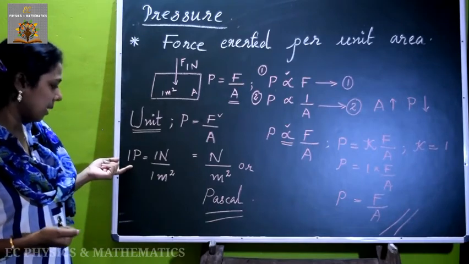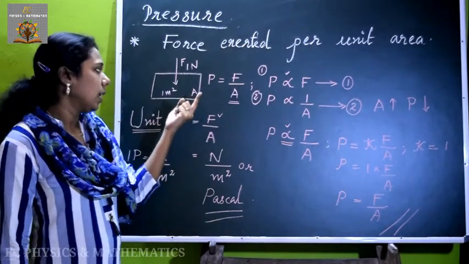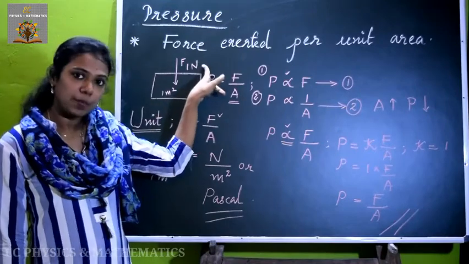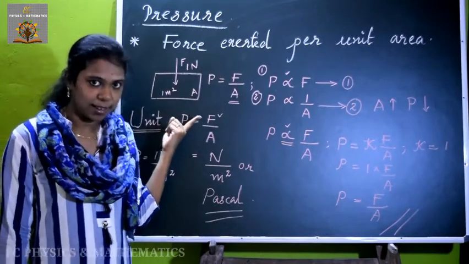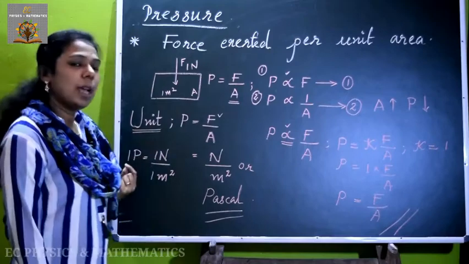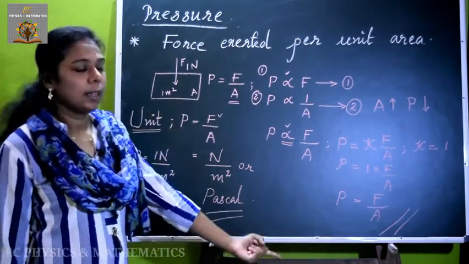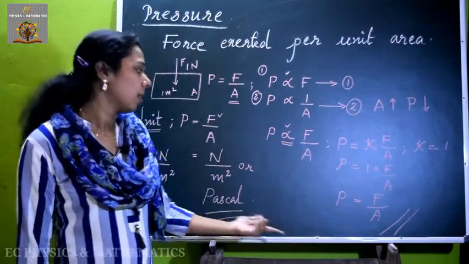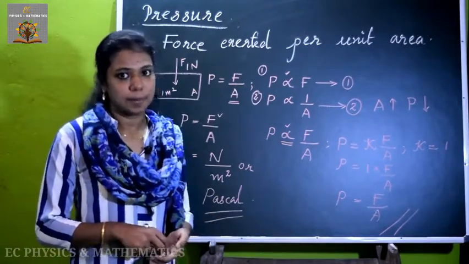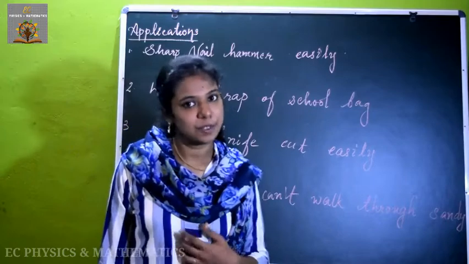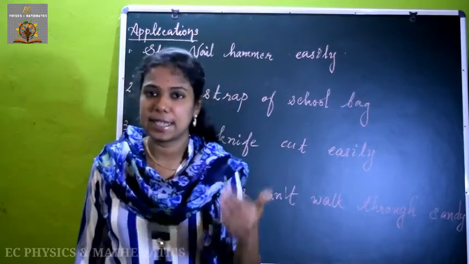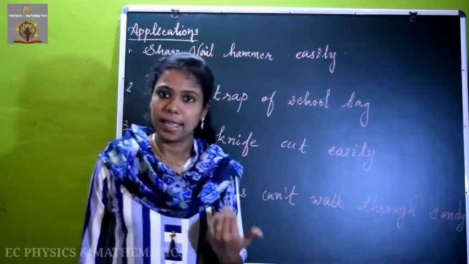Understood? 1 Pascal means if we are applying 1 Newton force in 1 meter square area, that is called 1 Pascal. Okay. These are the main topics or basics of pressure. Next is applications of pressure, the consequences of pressure in our day-to-day life.